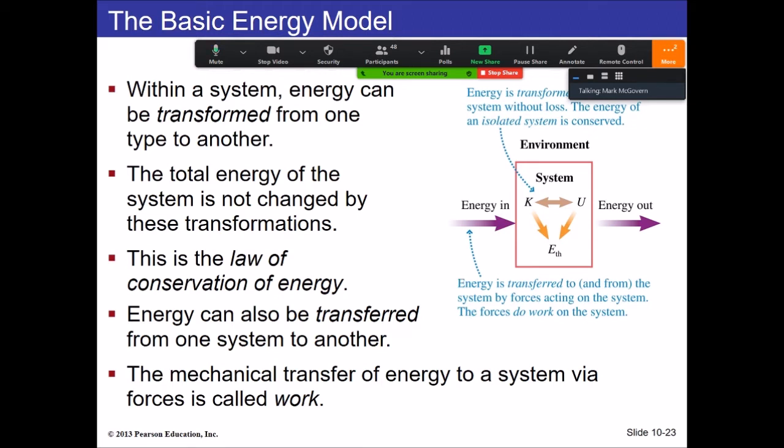As it slides down the incline, that slowly gets converted into two types. It gets converted into kinetic energy as it speeds up, and then some of the energy is dissipated by friction, so that becomes E-thermal. That's why you get some kind of heat between the surface and the box. Now, that lost potential energy went into three things. It went into the kinetic energy as it speeds up.